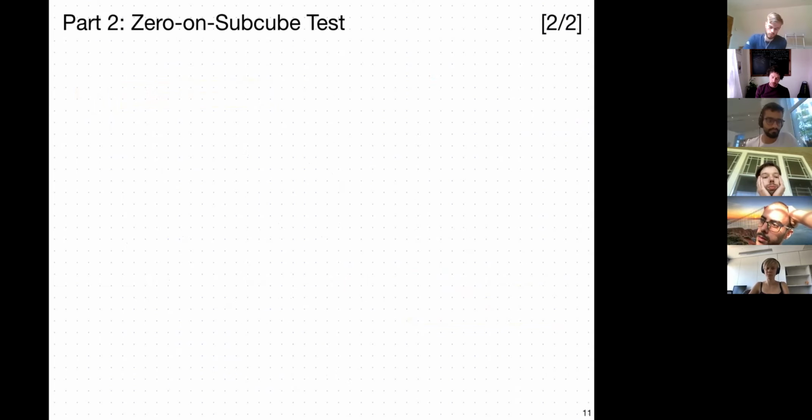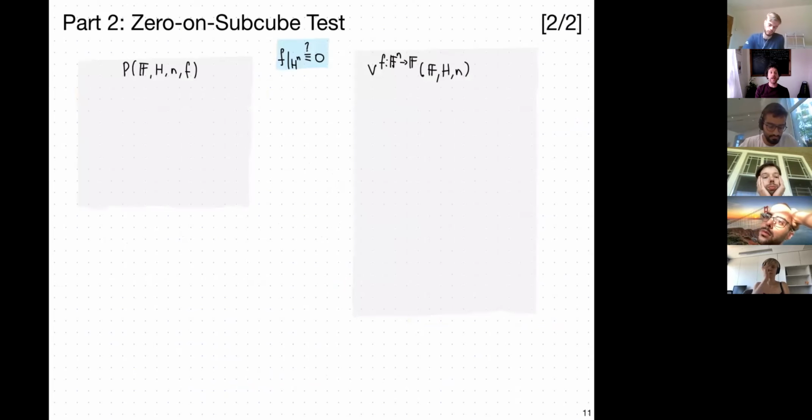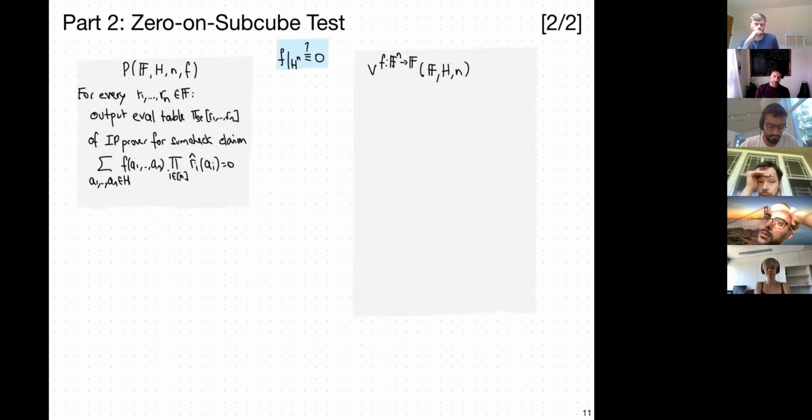And just to see why this works, how would the actual test look? We'll have the prover, and the prover would say, for every possible R, just output the entire evaluation table of a sum check protocol for this claim, which is exactly what we want to check. Remember, this checks the sum, but the moment that we added this addend here, this checks whether everything is 0.